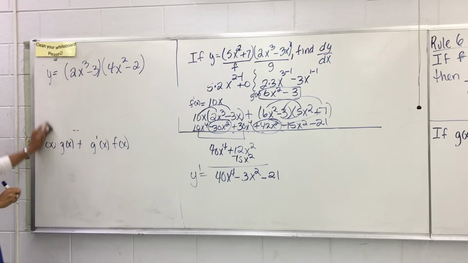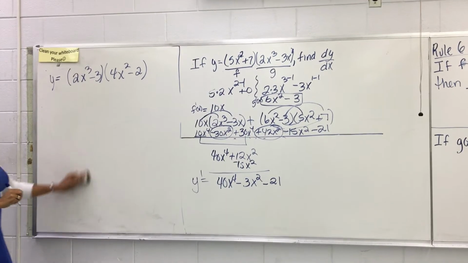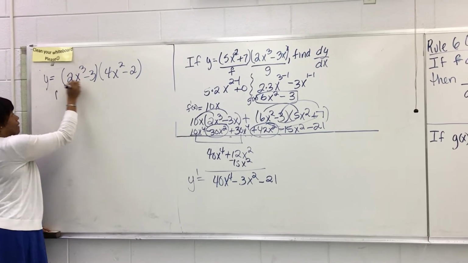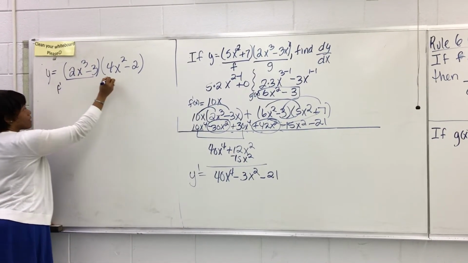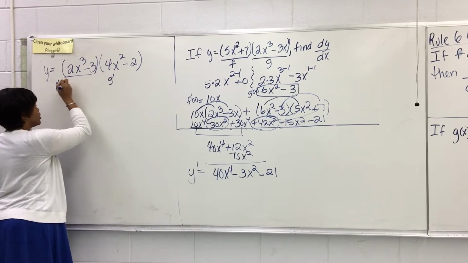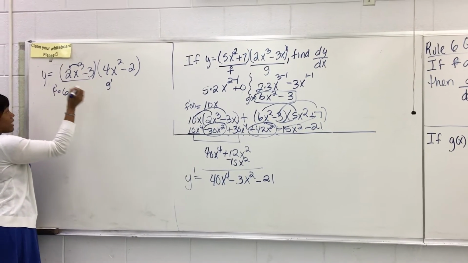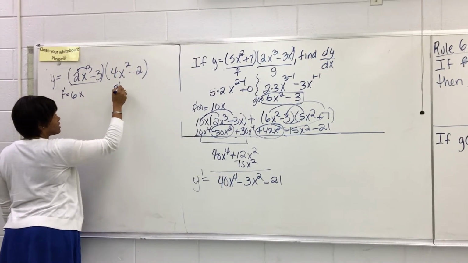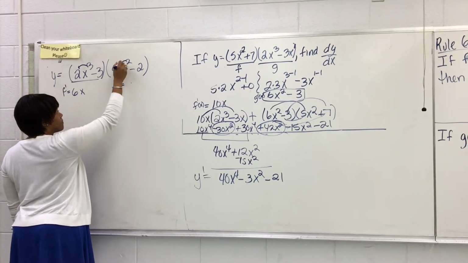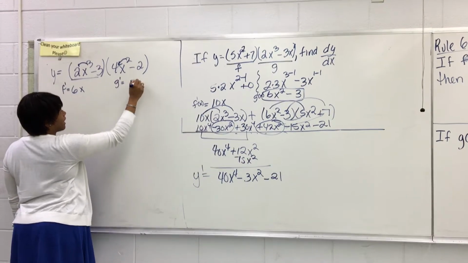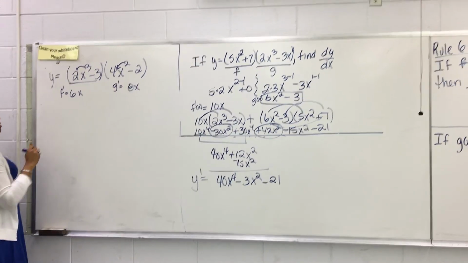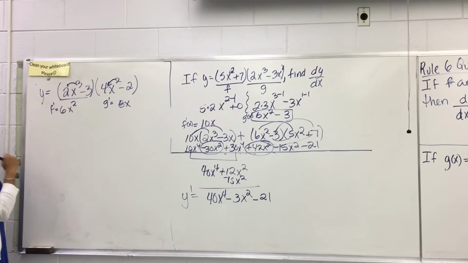So again, if I'm going to take the derivative of this, I need to find my derivative of f, and I need to find my derivative of g. So the derivative of this would just be 6x, and the derivative of this would just be 8x, right? 6x squared, my apologies.